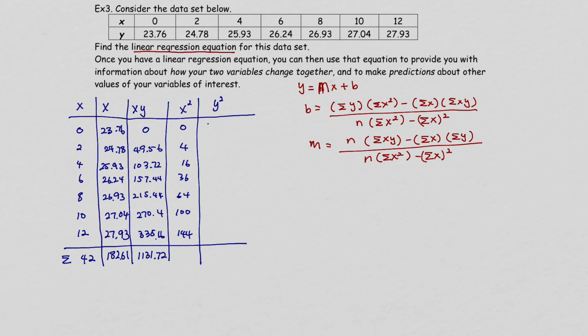You get 564.54, 614.05, 672.36, 688.54, 725.22, 731.16, 780.08. And make sure you add up the data of that vertical line.